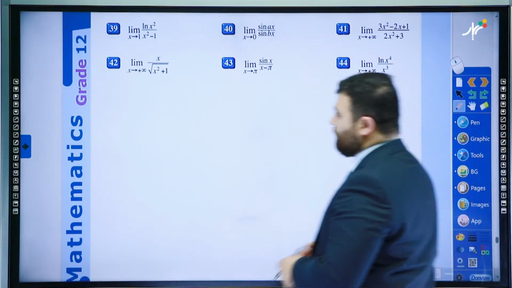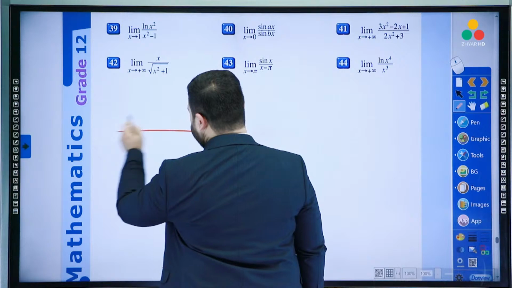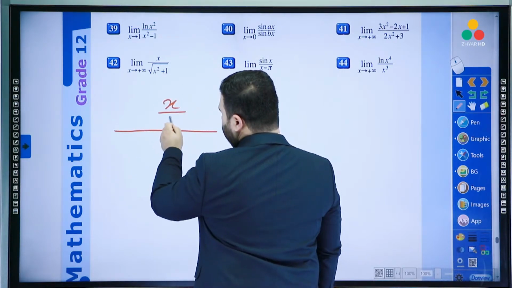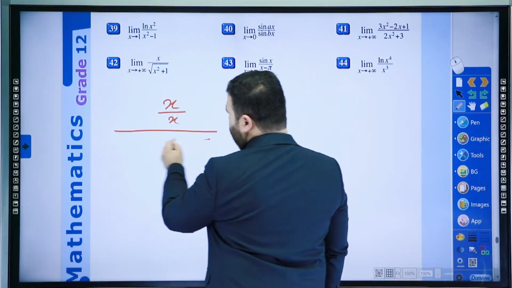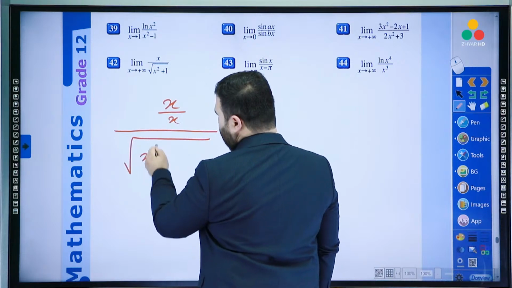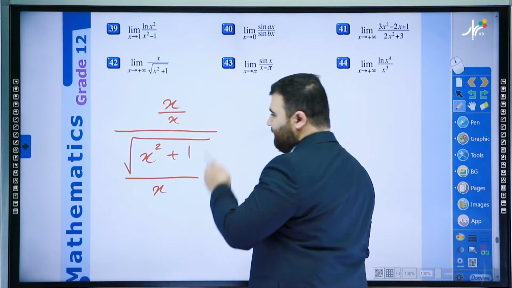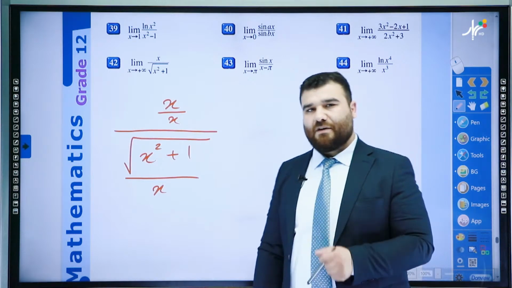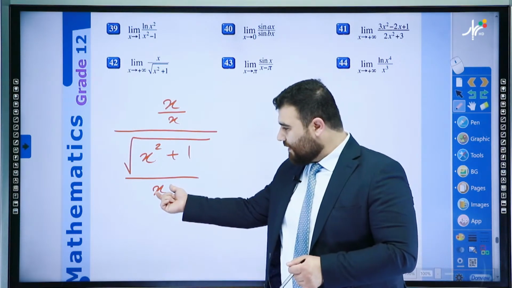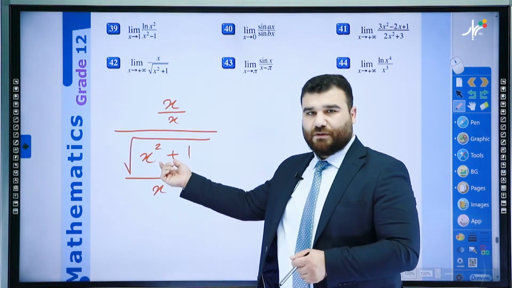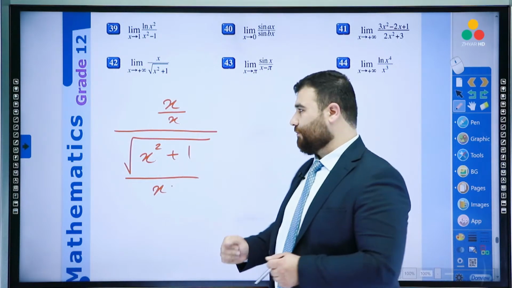So going back to this way, it will be x over x, and down will be x power 2 plus 1 all over x. So I divided up by x, I divided down by x. If I want to send this x inside the square root, the x should become power 2.